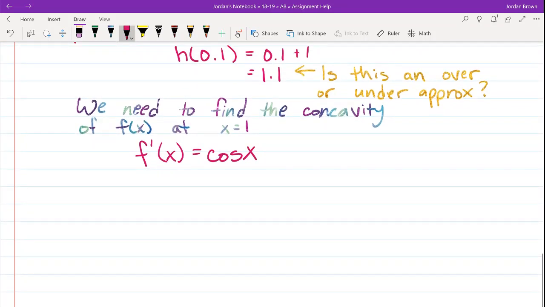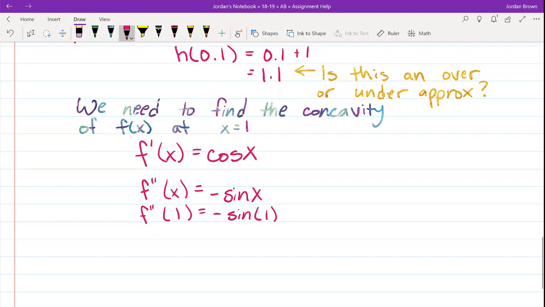And now we're going to need to take the second derivative of this. The derivative of cosine is negative sine. And we need to put in 1. Now, sine of 1 is something you put in your calculator. But what we did in class is we looked at the graph of sine of x.